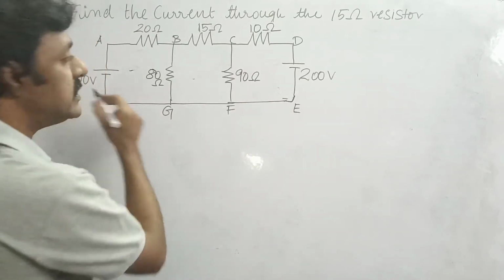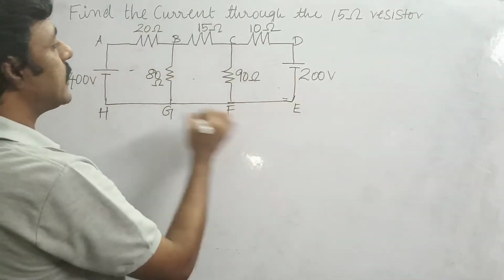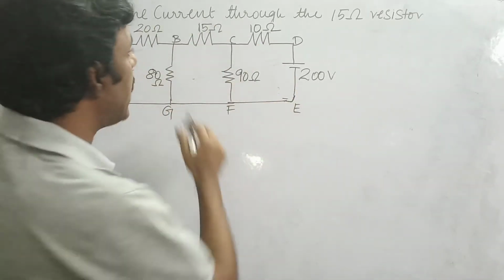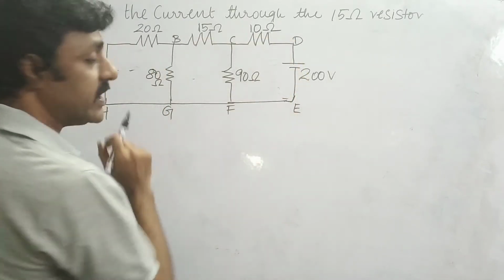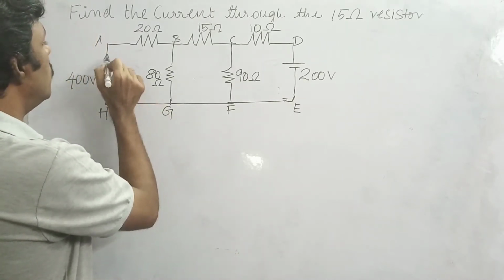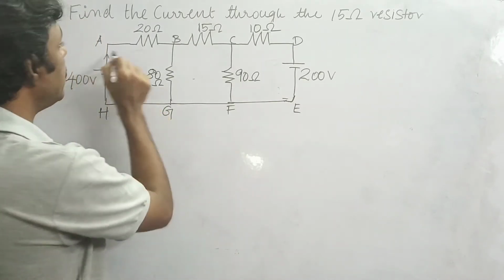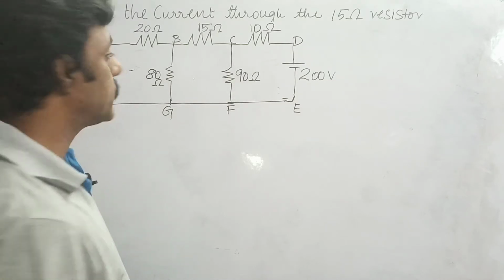One is 400 volts and another one is 200 volts. The remaining things are all resistive networks. We have resistors everywhere. After marking the corners with alphabets, we should move to marking the direction of currents. That is very important. That is mandatory.